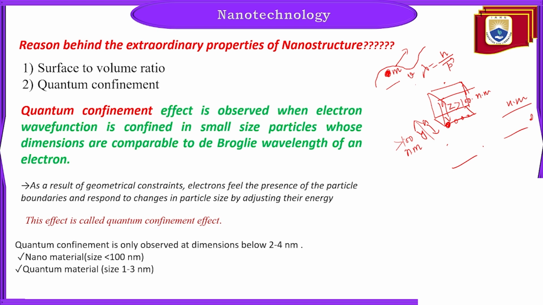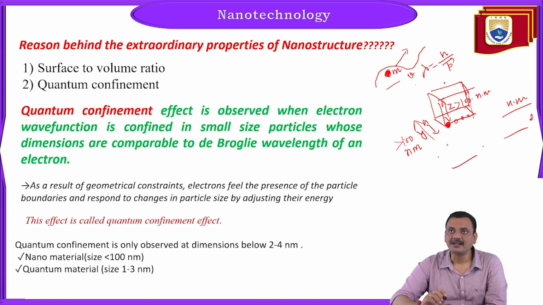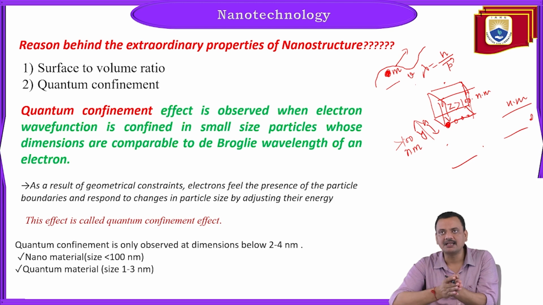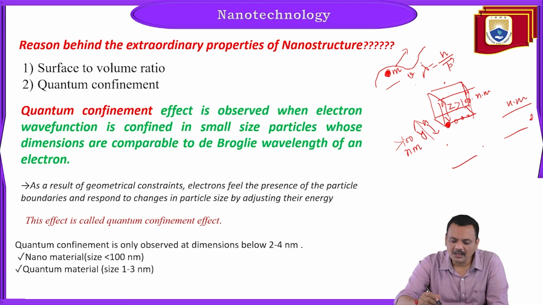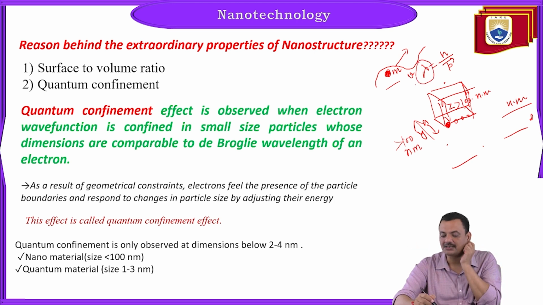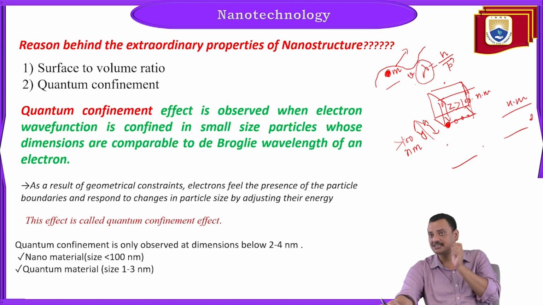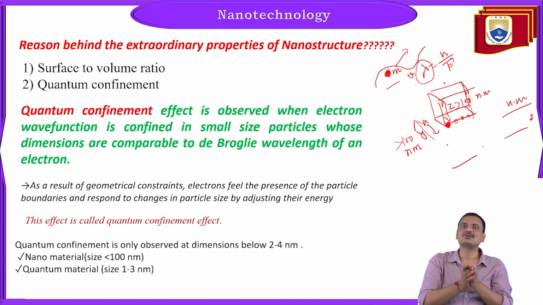So if the confinement region, meaning this restricted area, is comparable to the wavelength of the matter wave associated with these electrons, such a restriction is known as quantum confinement.